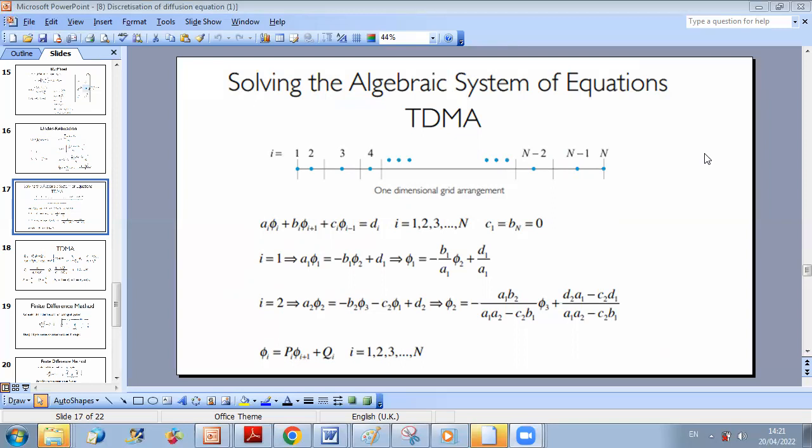Okay, what is the idea of the TDMA? The TDMA will solve the equations we developed together using numerical techniques with iterations. So let us consider now how to use the TDMA in a one-dimensional grid arrangement. We can also use it if you have a 2D grid, and we will see how.